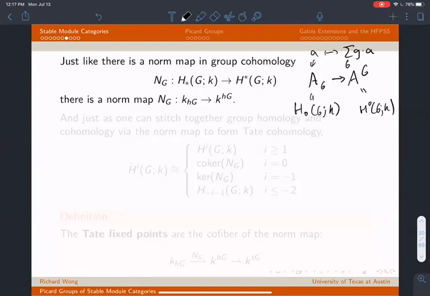So there's a norm map going between these two groups, and in a similar way, you can construct a norm map going from the homotopy orbits to the homotopy fixed points.